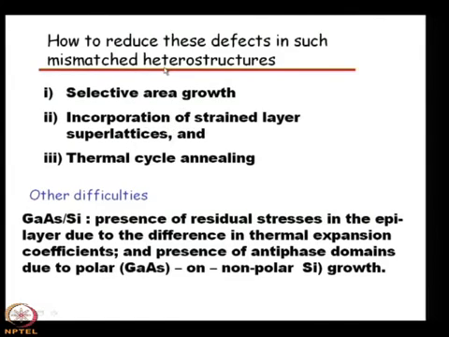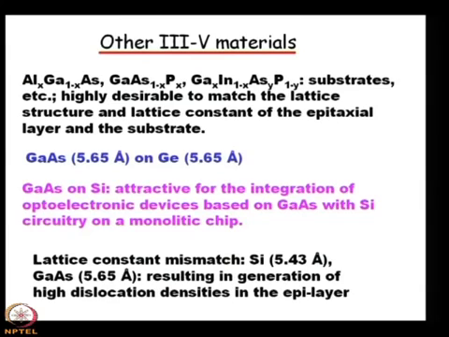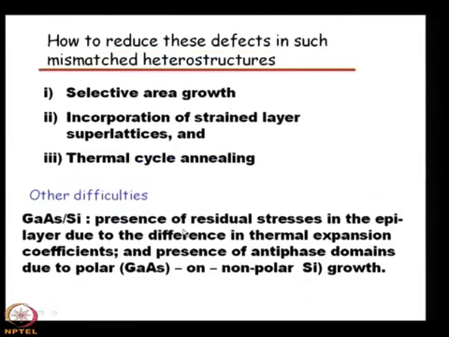One can grow gallium arsenide on silicon, which is very important for integrating optoelectronic devices with silicon circuitry on a monolithic chip, as we discussed earlier.